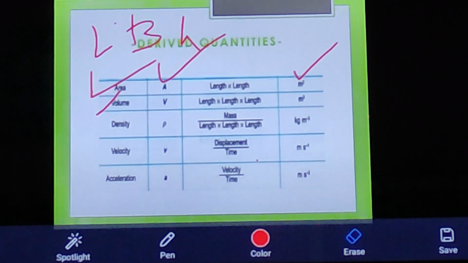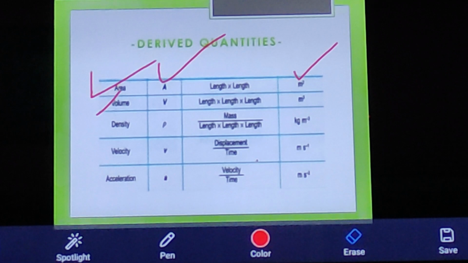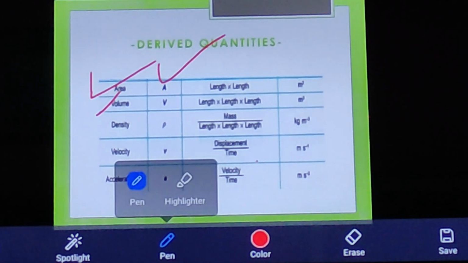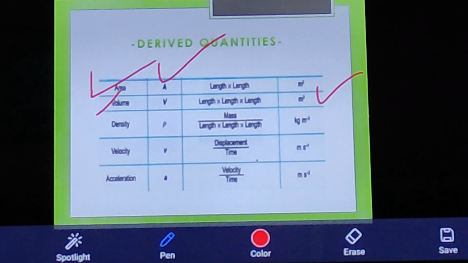If length is measured in meters, breadth is also measured in meters, and height is also measured in meters, then length into breadth into height is m into m into m. What is the value in this case? That equals m cube. So m cube is the SI unit of volume.